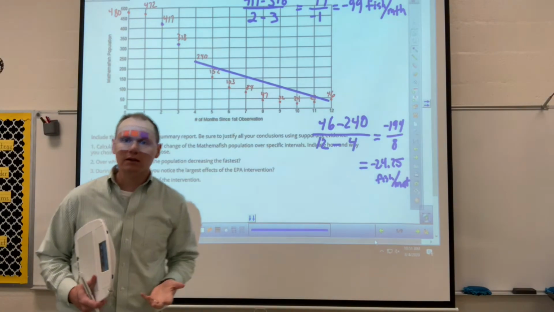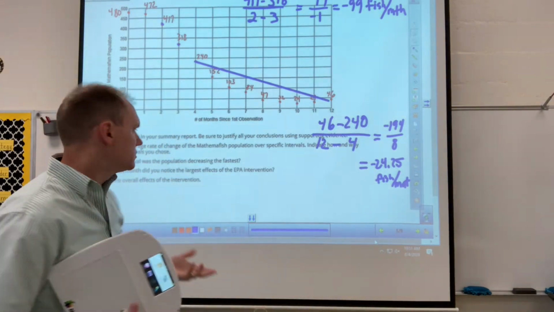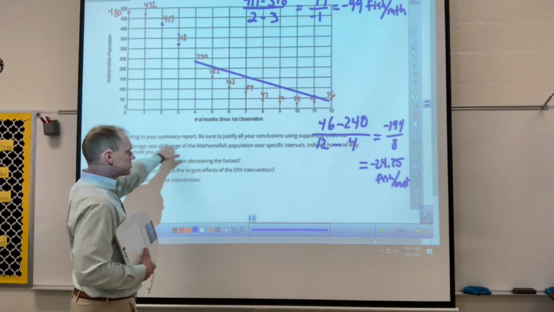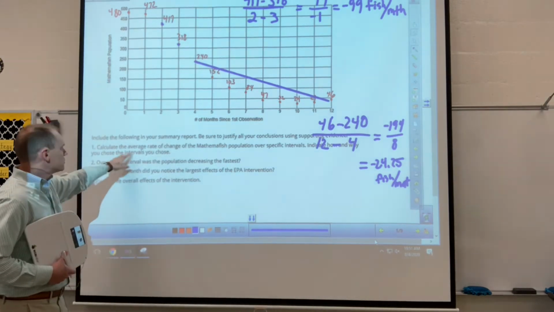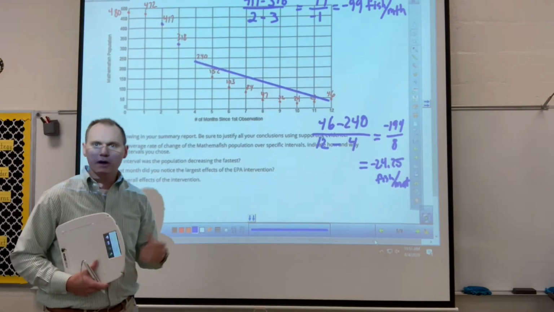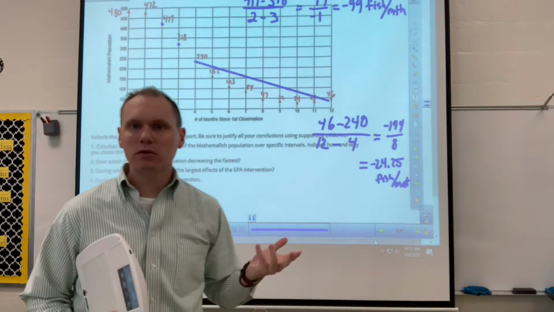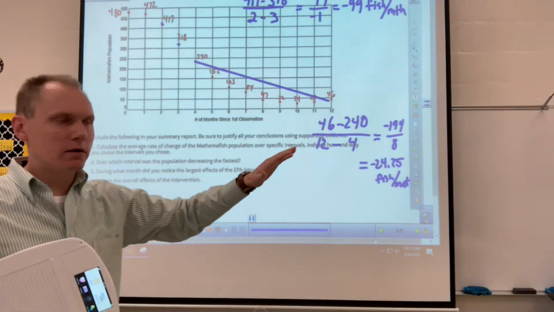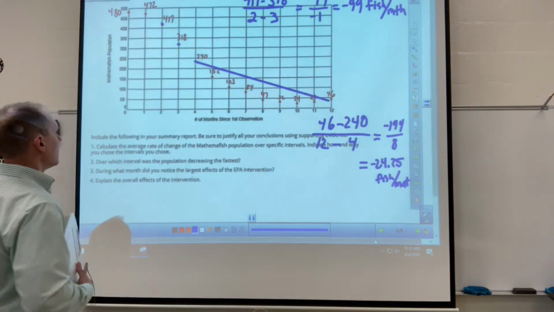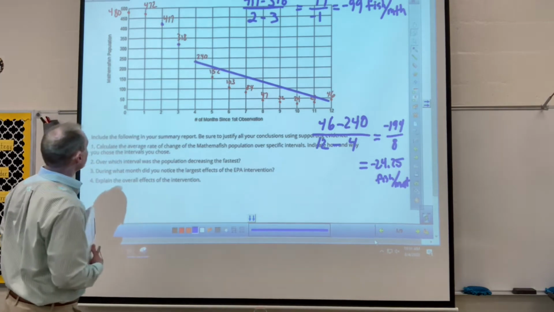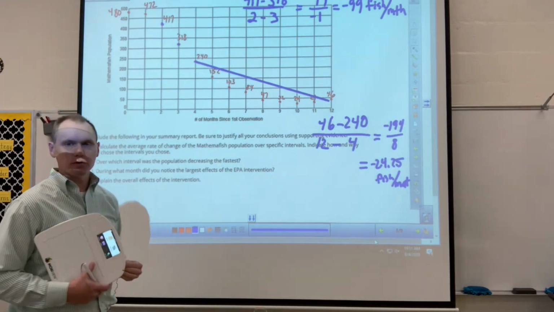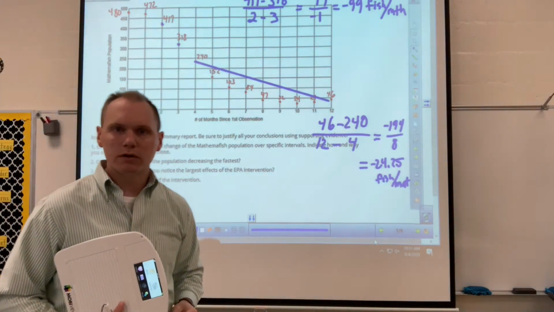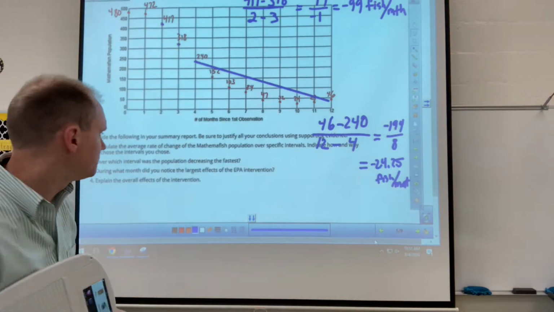Like I said, there's 78 different ones you could analyze, because it just said choose some intervals. So maybe you chose certain intervals because you thought it was the steepest decline, or maybe the most increase of population. Whatever the reason is, hopefully you stated that, but there are a lot of different ones that you can compare here.